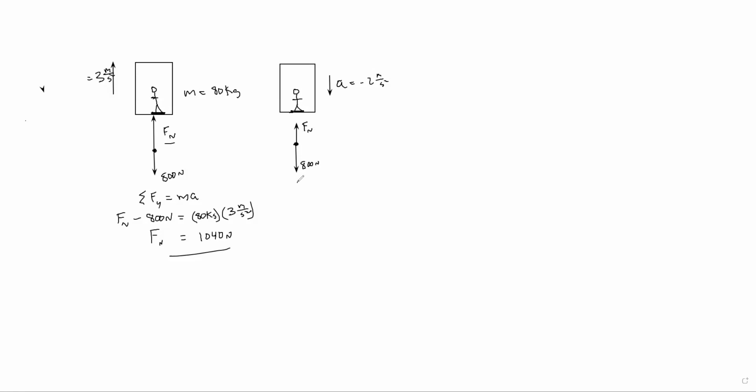If we go ahead and look at it, the sum of the forces in the y direction equals ma. We have normal force going up minus 800 newtons going down is equal to the mass of 80 kilograms times the acceleration of -2.